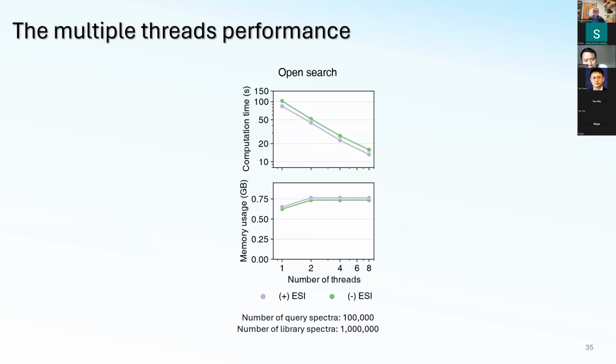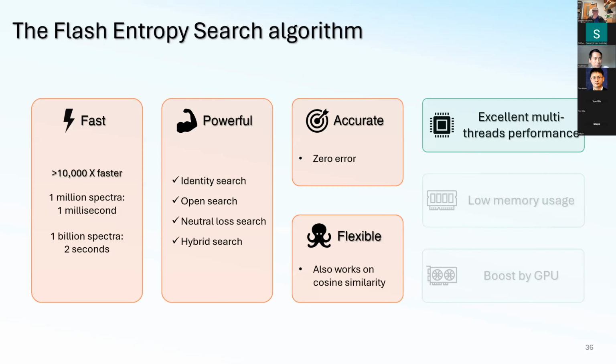For example, here I searched about 100,000 spectra against the 1 million spectrum library. You can see that with one thread, it needs around 100 seconds. However, with 8 threads, the searching time is less than 20 seconds. So this is super fast, and with minimal memory usage increase.